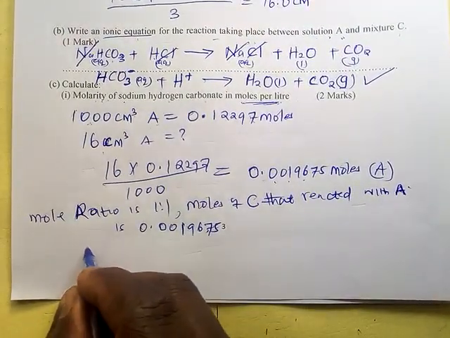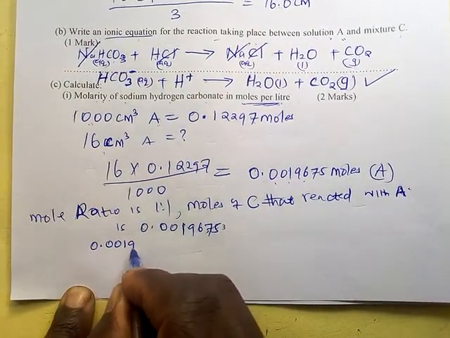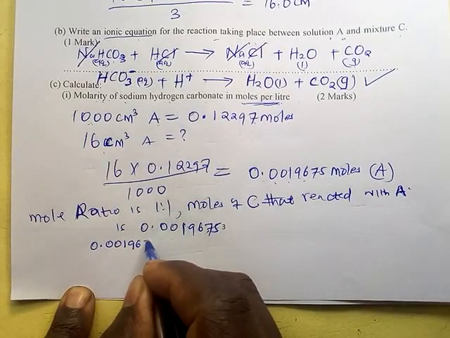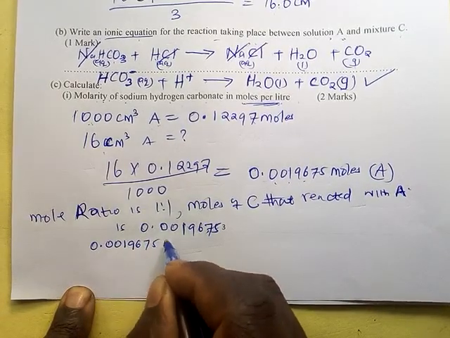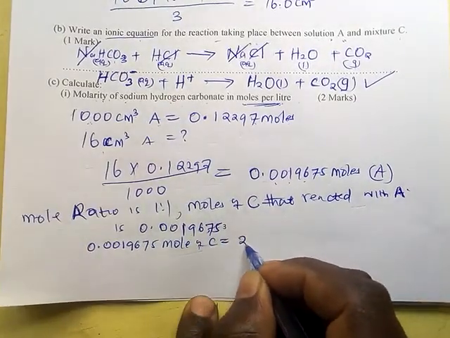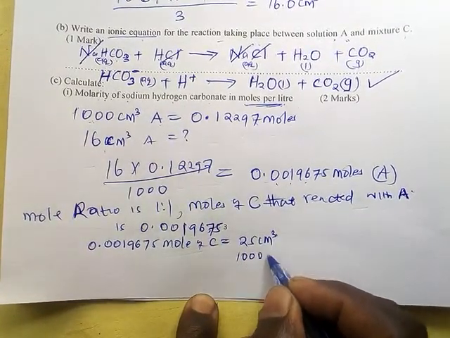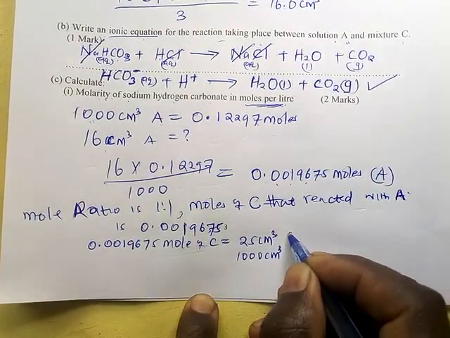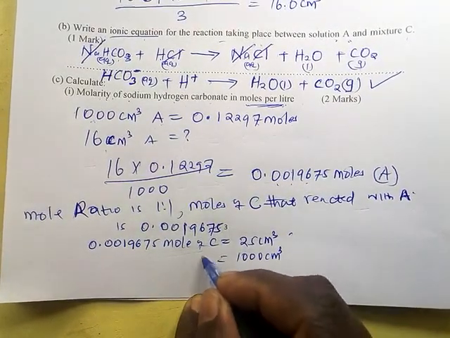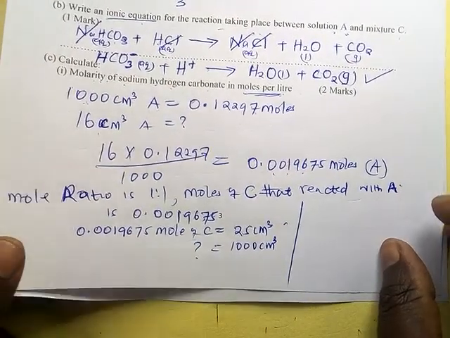So we are going to say that 0.0019675 moles of C are contained in 25 cm³. So now we will find out how many moles 1000 cm³ will contain.